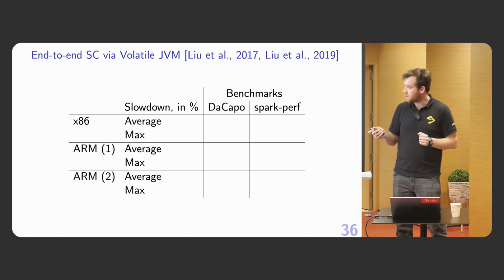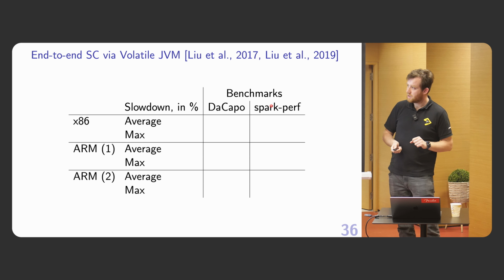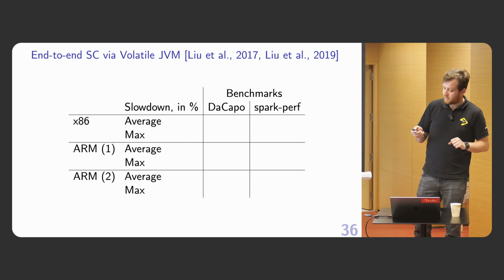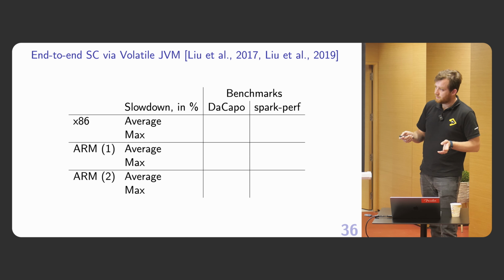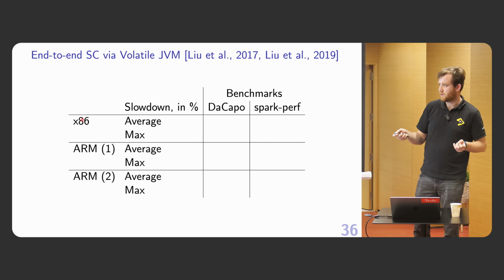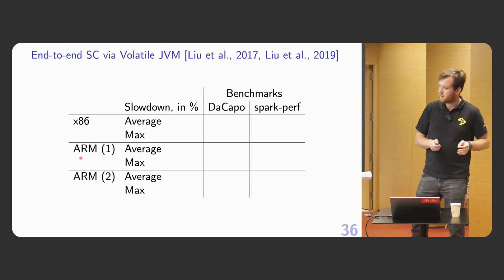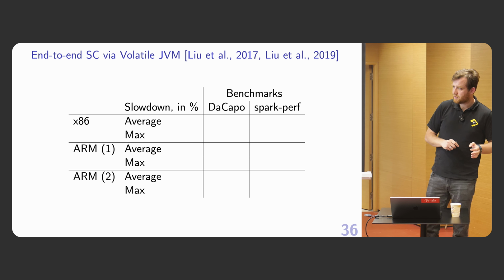And also they used performance tests for Apache Spark. Then they measured slowdown on different servers. First they tested on x86 and then on two ARM servers with many cores. As far as I remember, they were from Huawei, but I'm not sure.